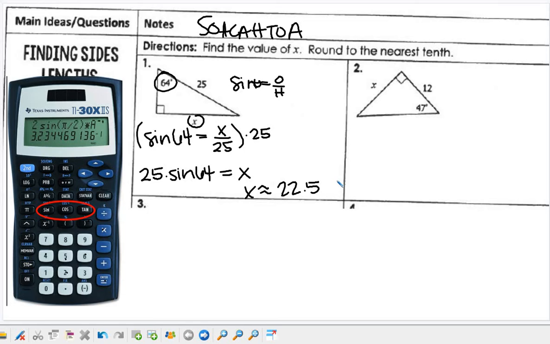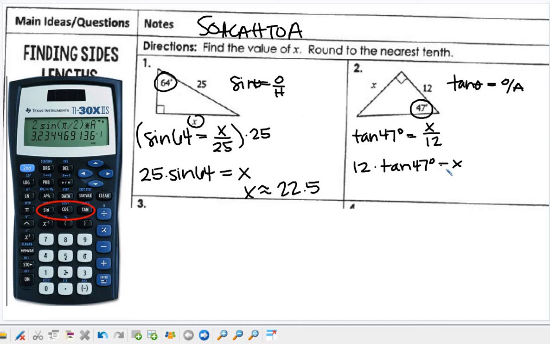Okay. Number 2, so again, it's the ratio according to the angle that I'm given. I'm given opposite over adjacent, which is tangent. So tangent of my angle, 47 degrees, is equal to opposite, x, over adjacent, 12. So again, I have 12 times tan of 47 is equal to x.